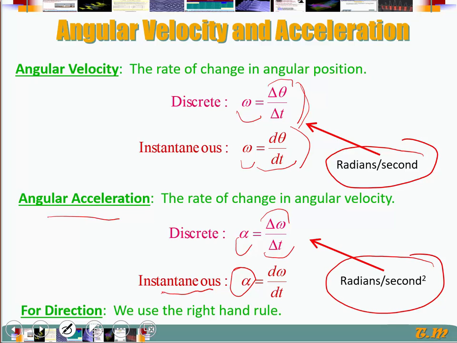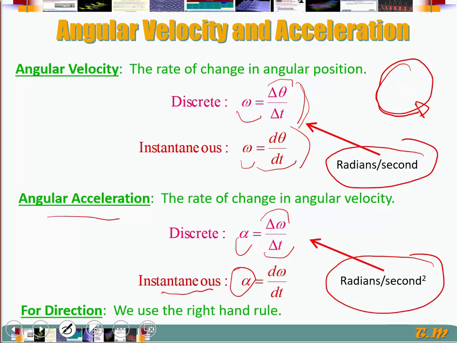Now the direction, angular position is the direction of theta, however that is. But how do we determine the direction of theta? If you consider a rotating object, an object rotating like this, think of it as a disk rotating, a merry-go-round.